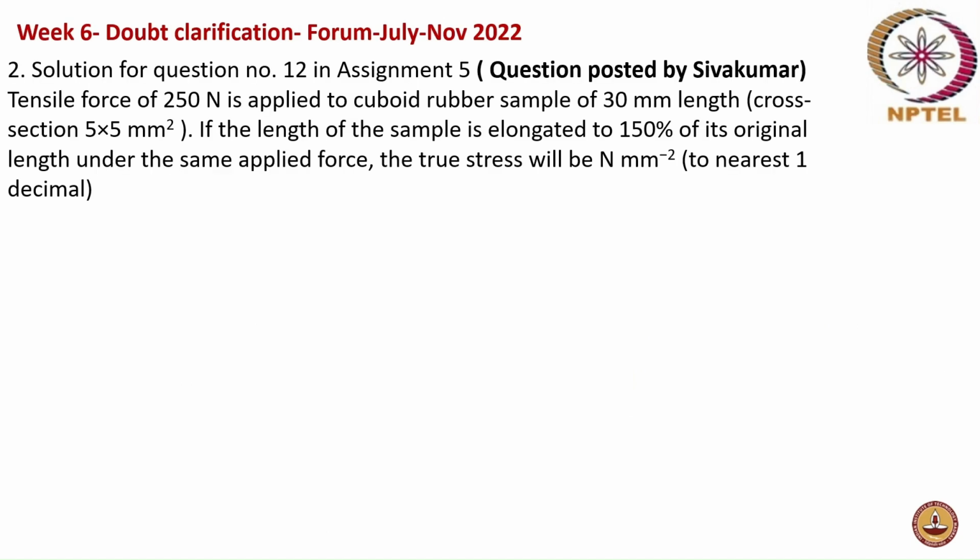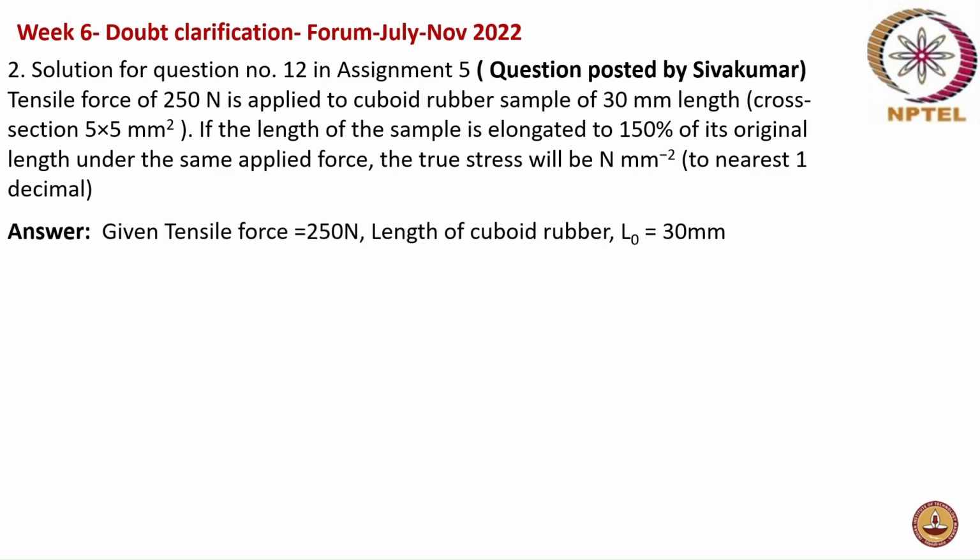And then there was one more problem, question number 12, where a tensile force of 250 Newton is applied to a cuboid rubber sample of length 30 mm. Cross-sectional area is given as 5 into 5 mm square. If the length of the sample is elongated to 150% of original length, under the same applied force, what will be the true stress in Newton per millimeter square?